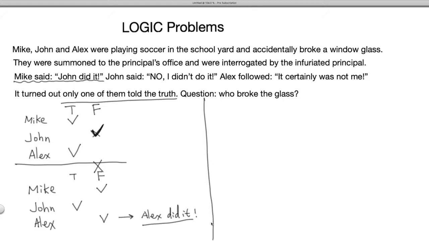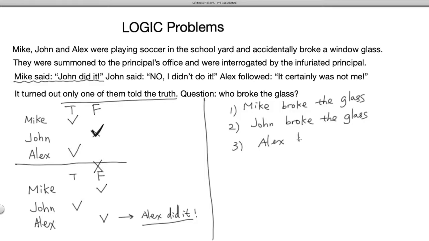The second approach we're going to talk about is to think about this problem differently. There are only three different cases in terms of who actually did it. Either Mike broke the glass, or John broke the glass, or Alex broke the glass.